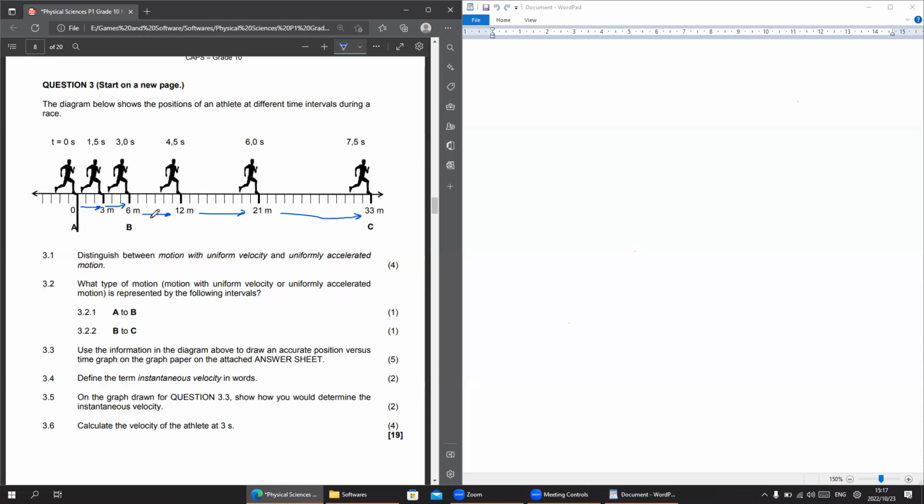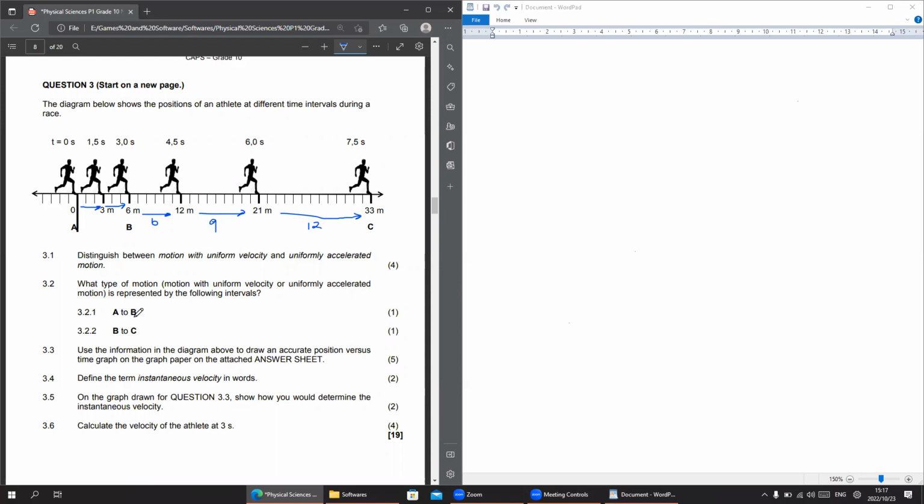Because there's a 3 meter difference here, there's a 6 meter difference here, there's a 9 meter difference here, and there's a 12 meter difference here. So you can see that at every position, the athlete is able to cover 3 more meters at every time interval.